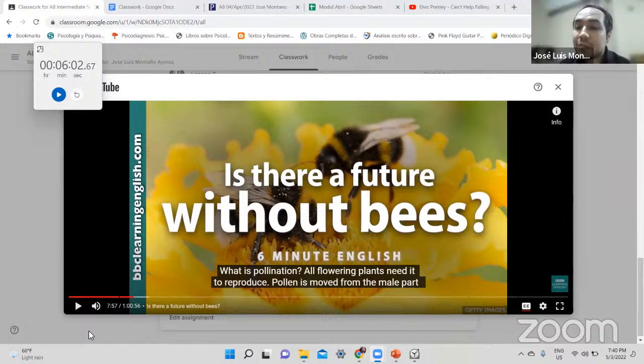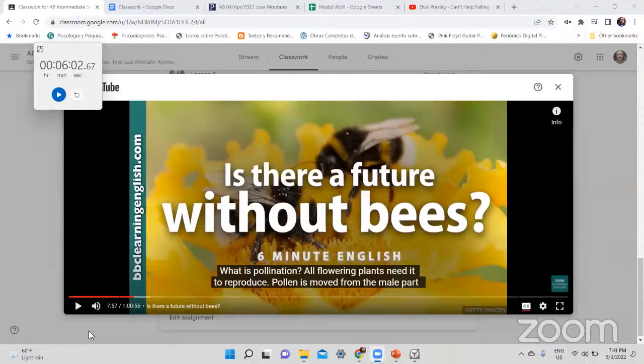Do they keep the pollen for themselves, or do they take the pollen to another plant or flower? What do you say? They use that pollen. Good. One more time, Larissa. Do they use the pollen for themselves, or do they take the pollen to another plant or flower? And they keep the pollen. In the case of the bees, they keep the pollen.